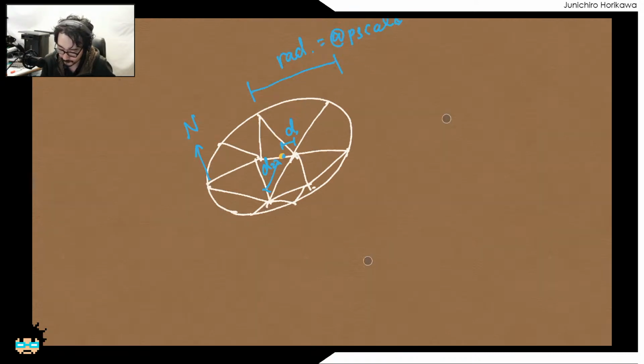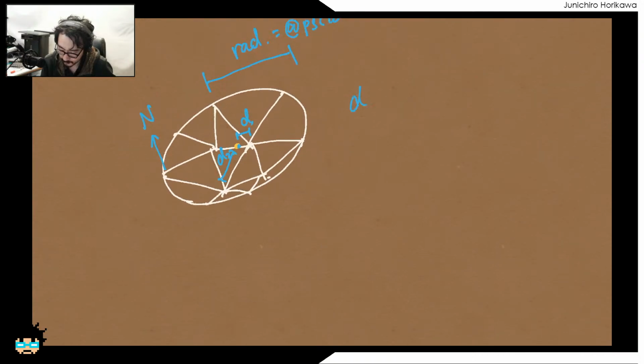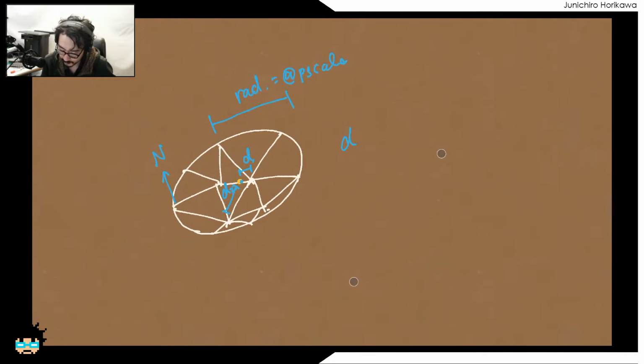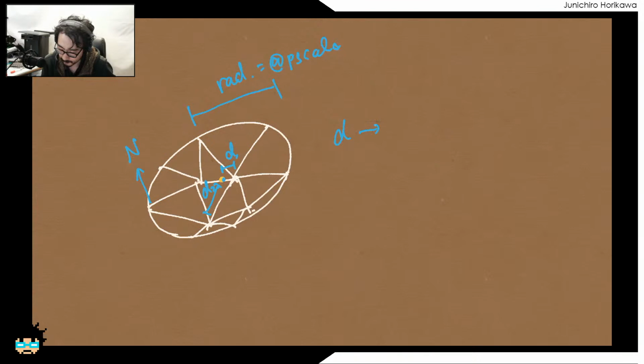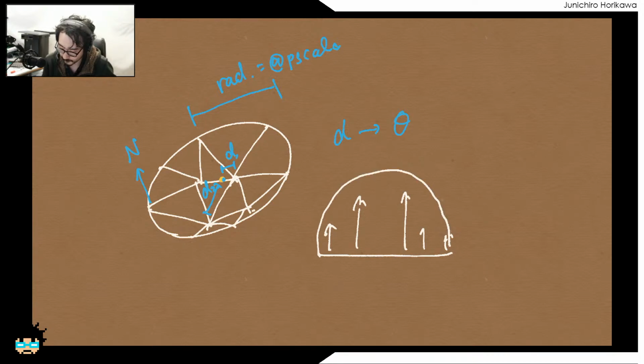So what I want to do here is to change this d value, which is the distance from the center, as an angle. Then looking from the side view, I want to move the point upward to create a sphere-like shape based on this angle value right here.